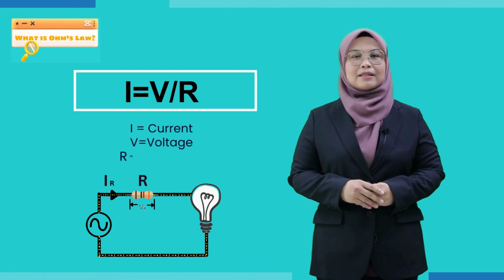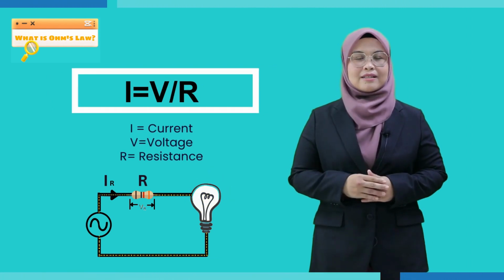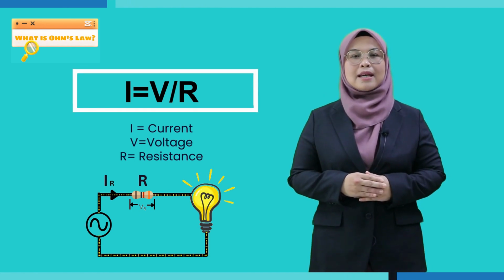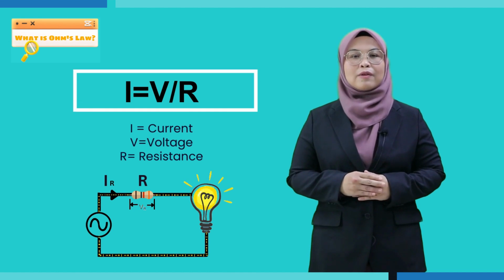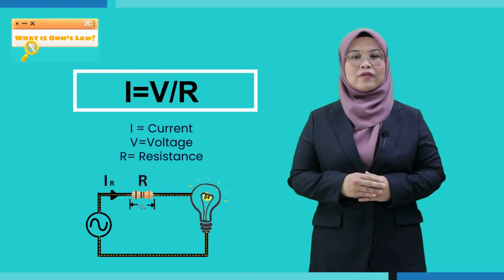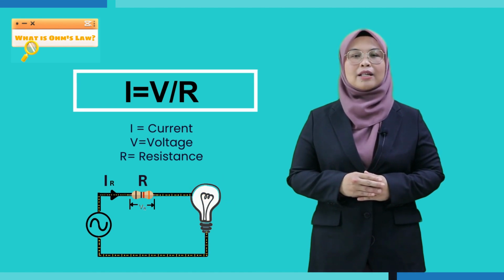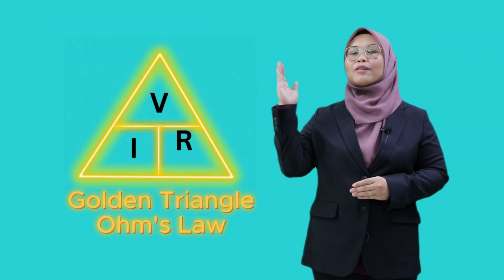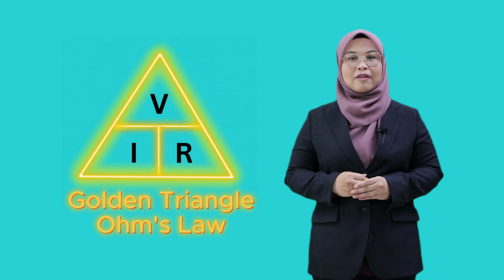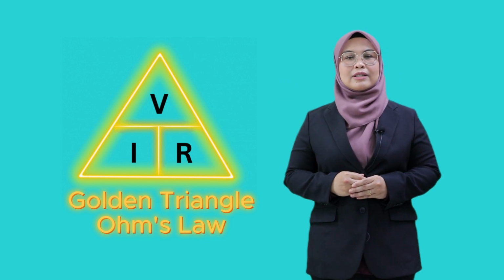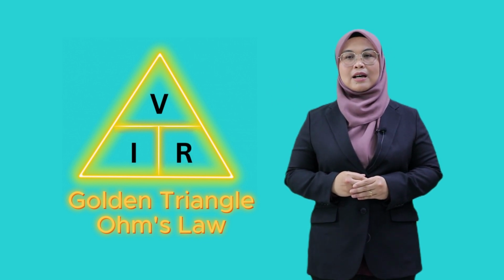In mathematical terms, it is expressed as I equal to V over R, which means that the current I flowing through the conductor is equal to the voltage V across it divided by the resistance R. You can use this golden triangle to solve for any of the three variables given the other two.